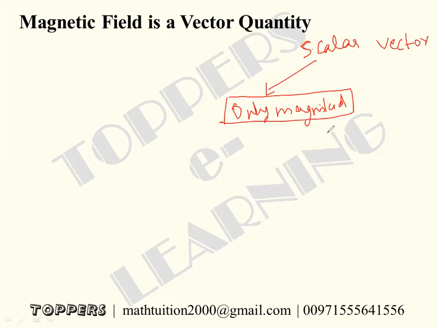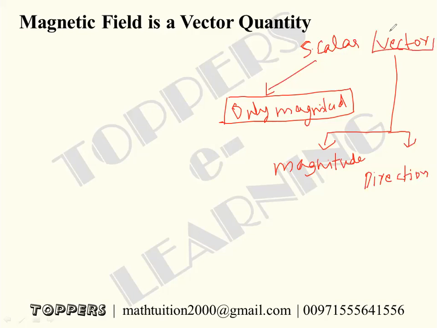What is vector quantity? It has both magnitude and also direction. Just the magnitude is not enough. You have to say the direction also.